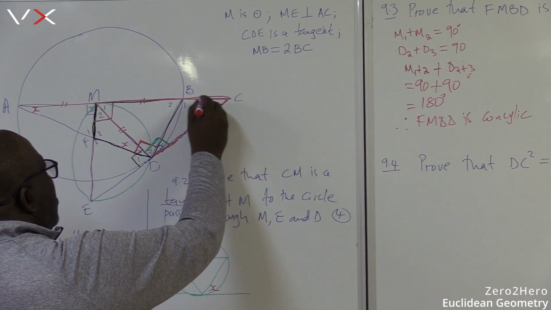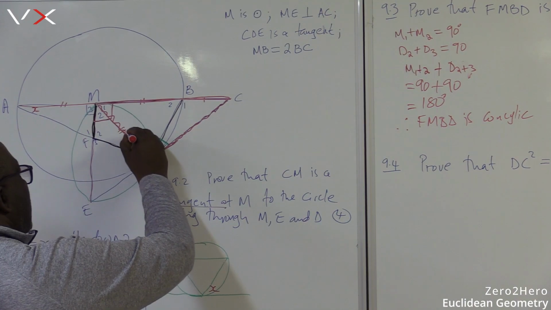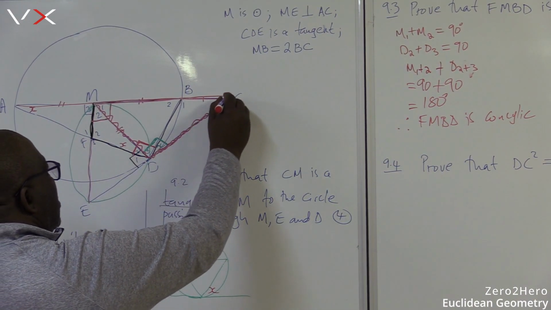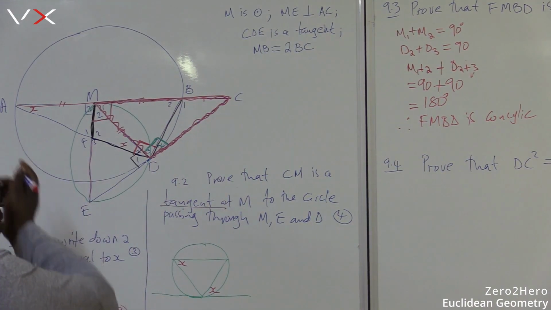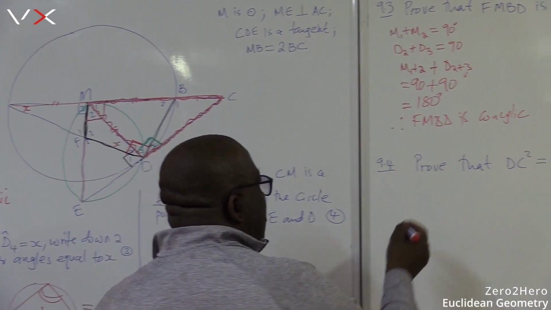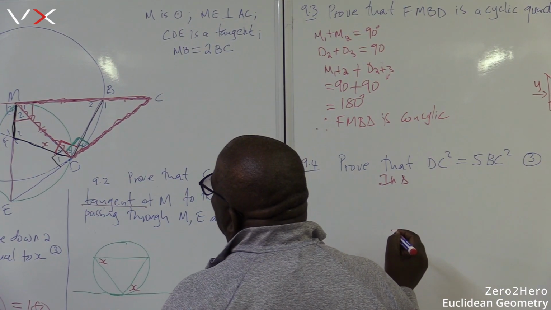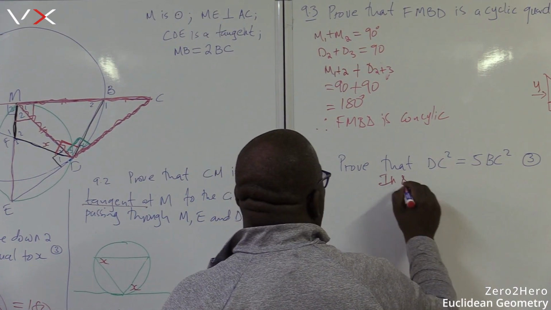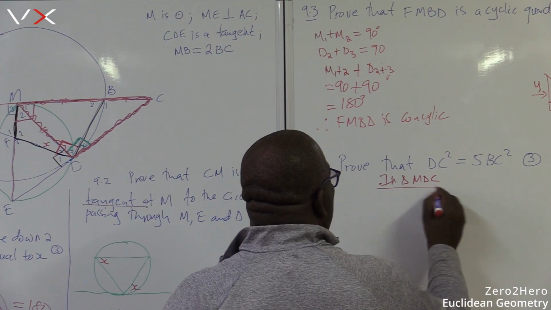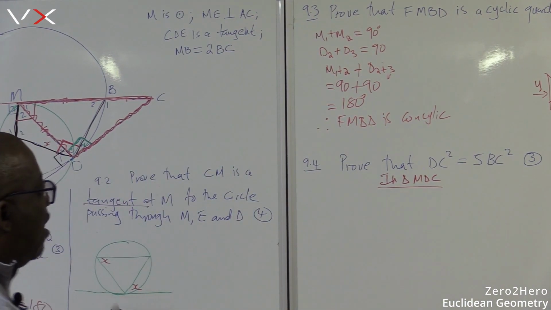This is the triangle that I'll be using. Let me just shade it in this way. This is the triangle that I'm dealing with. I'm going to prove that in triangle MDC. This is the triangle that I want to focus on. Triangle MDC.